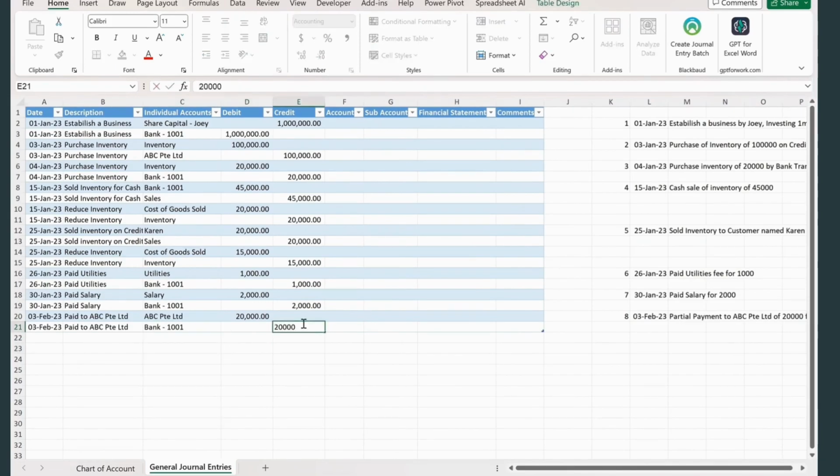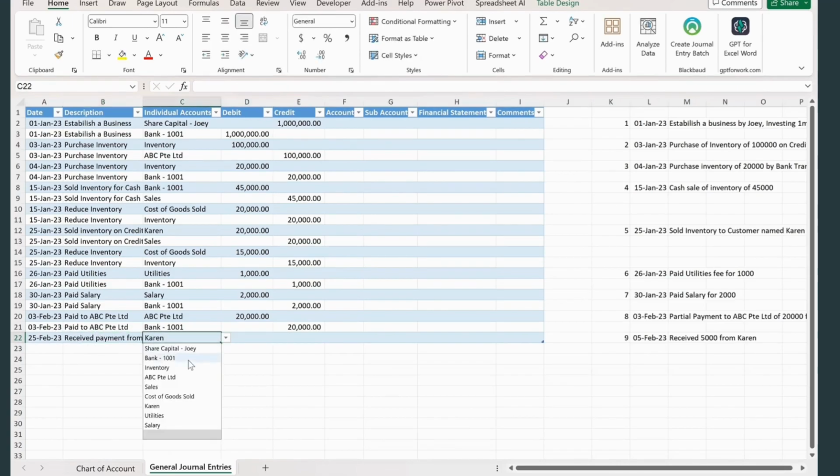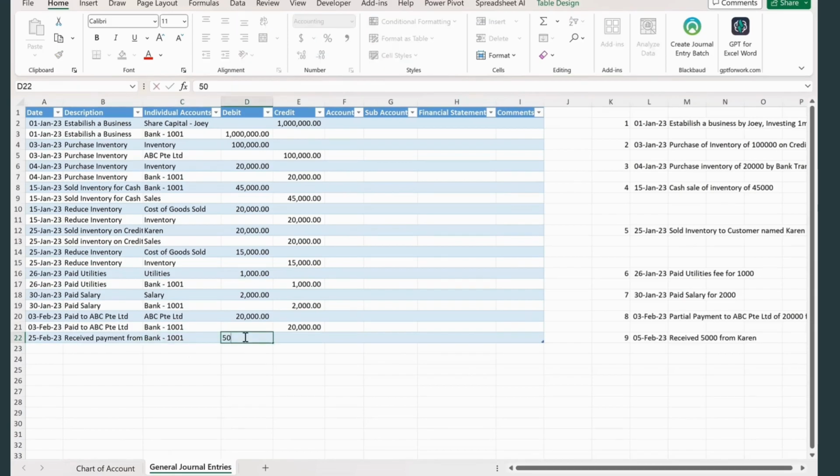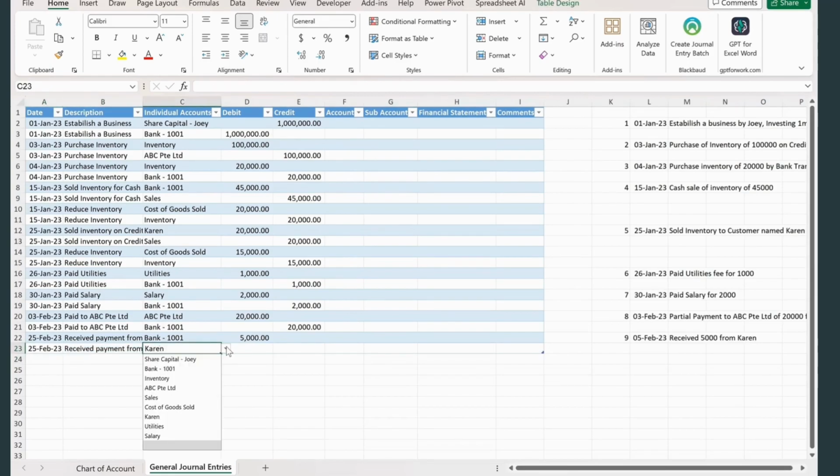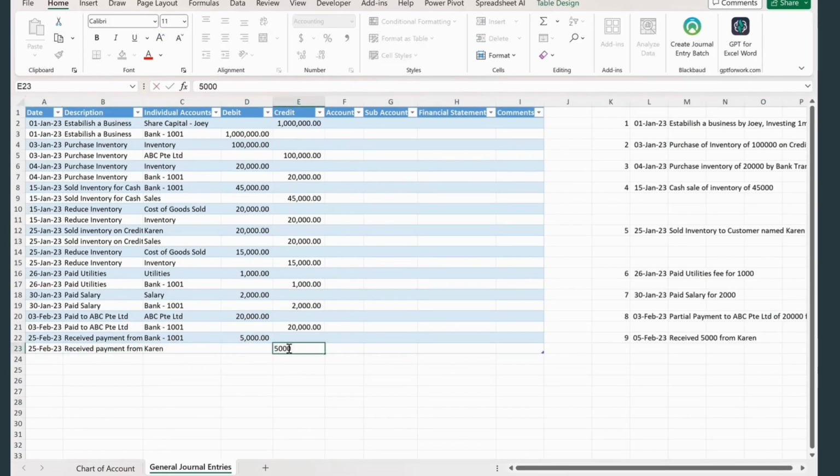We credit our bank by 20,000. 5th Feb, received 5,000 from our customer Karen. So we debit our bank 5,000. We credit our customer account by 5,000.